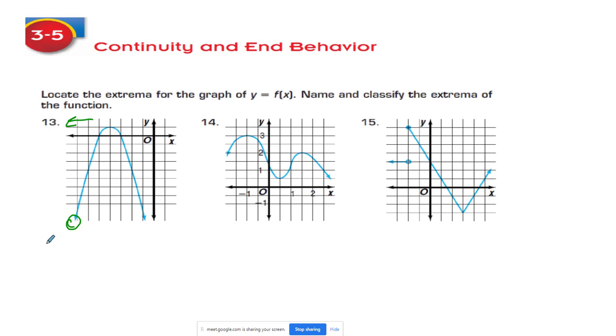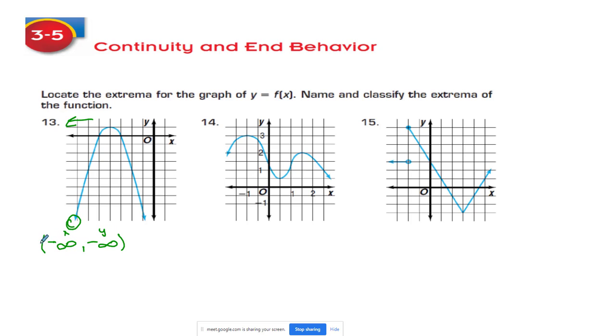So we could say that as x goes to negative infinity, y also goes to negative infinity. Now this isn't representing a point. This is what the trend is as you go in the x direction. So we've got our x behavior first and our y behavior second.